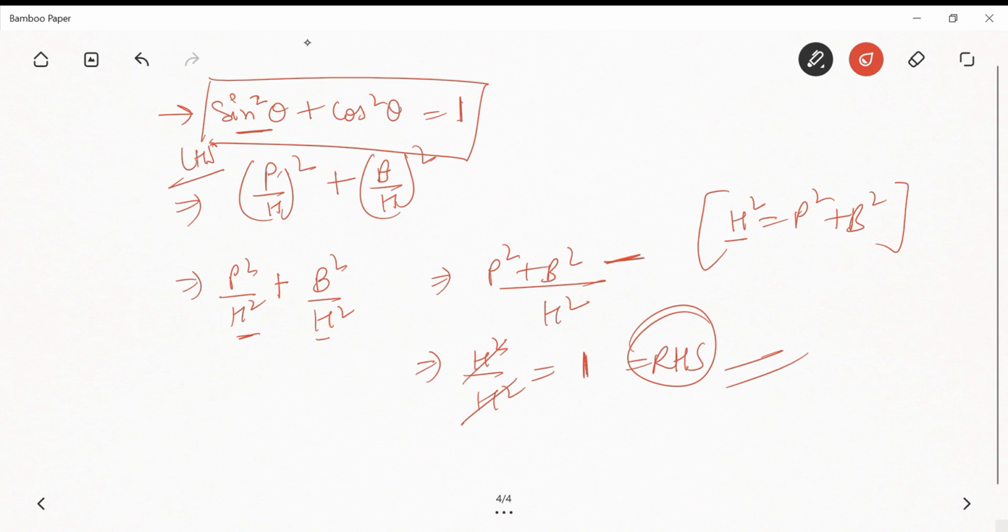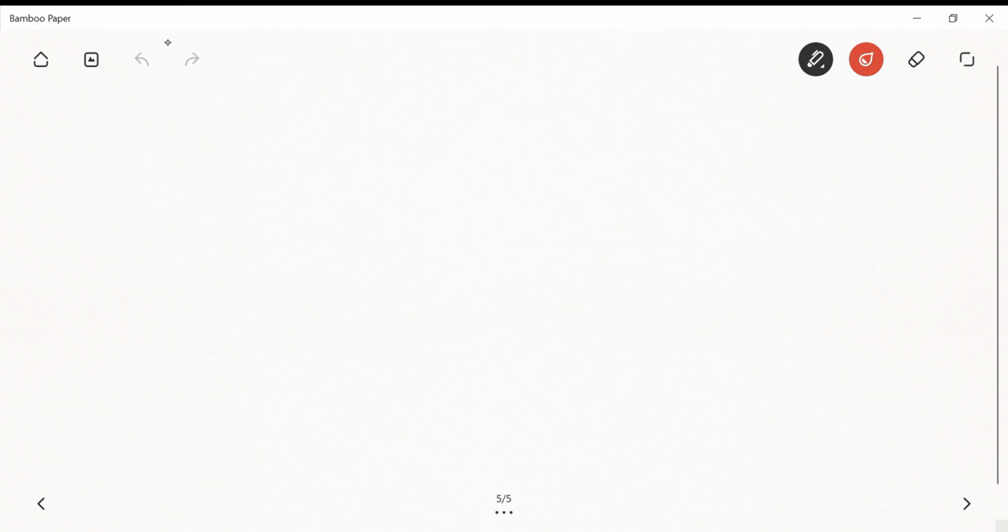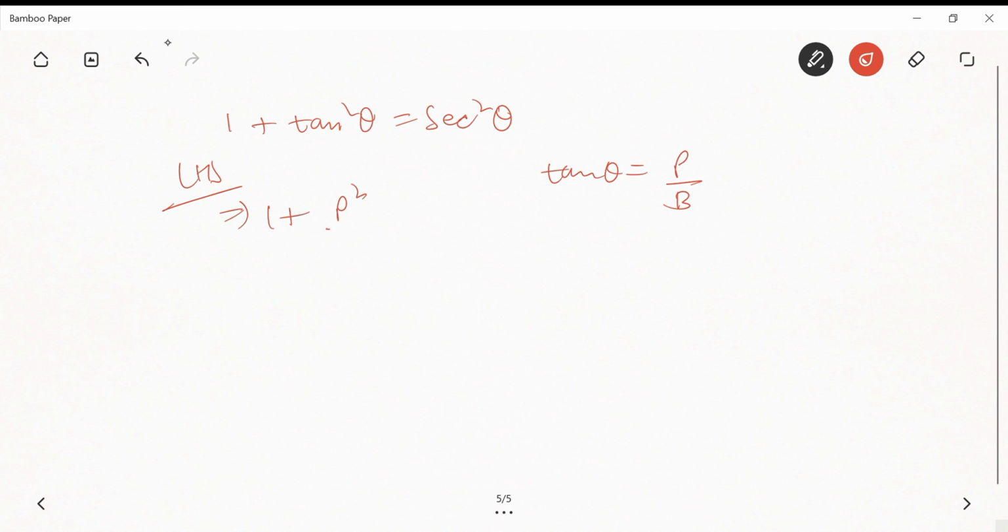Now let's move to the second identity: 1 plus tan square theta is equal to secant square theta. Similarly, we will prove this one as well. We take the left hand side. Tan theta is equal to perpendicular by base, so 1 plus p square by b square.